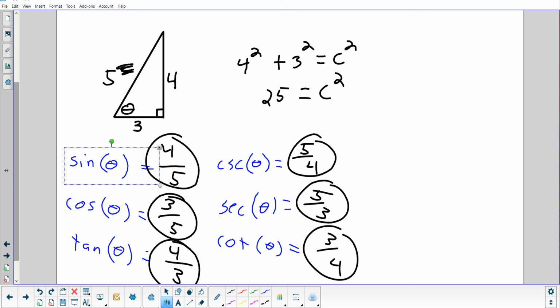And what did we learn yesterday? Inverse sine cancels out the sine function. So if you took the inverse sine of each side, you could figure out exactly what that angle is. This is the kind of problem we did yesterday, but today we're not doing anything else with that. Questions on that?